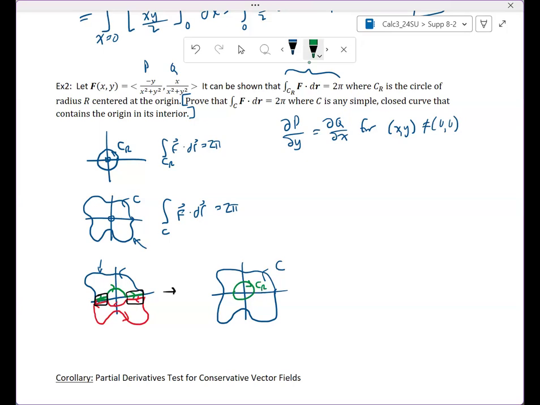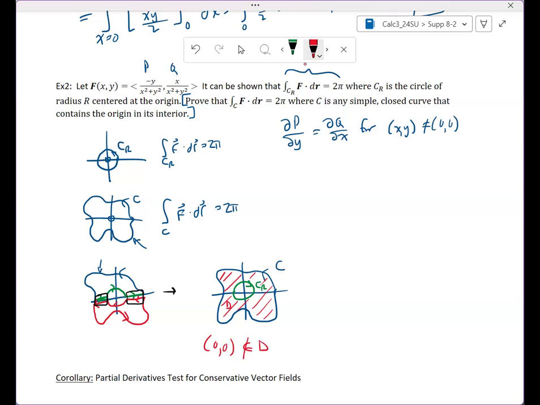Note that CR is traversed the opposite way from C. And what I've done here is, between C and CR, I've created a region, which I'll call D. I also see that (0, 0) is not an element of D.